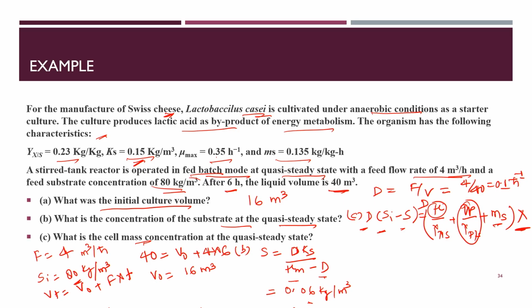So we will get x as D into Si minus S divided by D Yx upon S plus Ms, and you will get the value of x as 14.04 kg per meter cube.